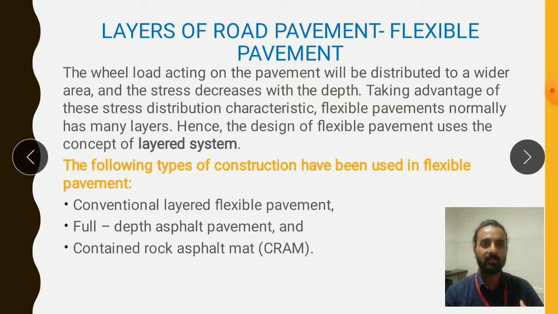Taking advantage of this, flexible pavement normally has many layers, hence it is called the concept of layered system. The first type of flexible pavement is conventional layered flexible pavement, second is full depth asphalt pavement, and third is contained rock asphalt mat.